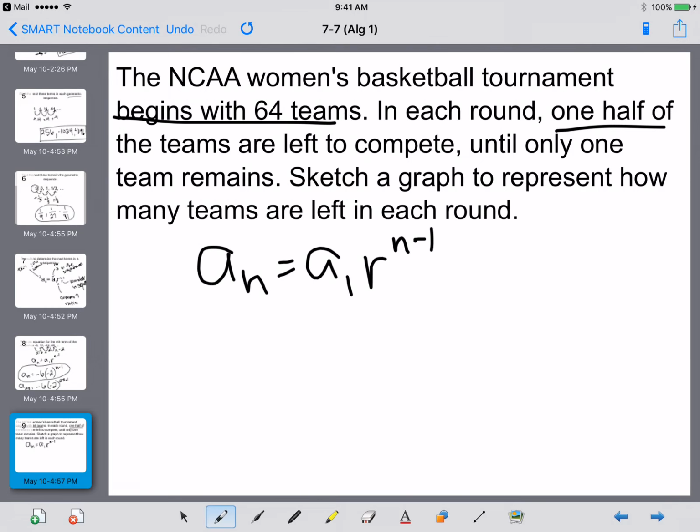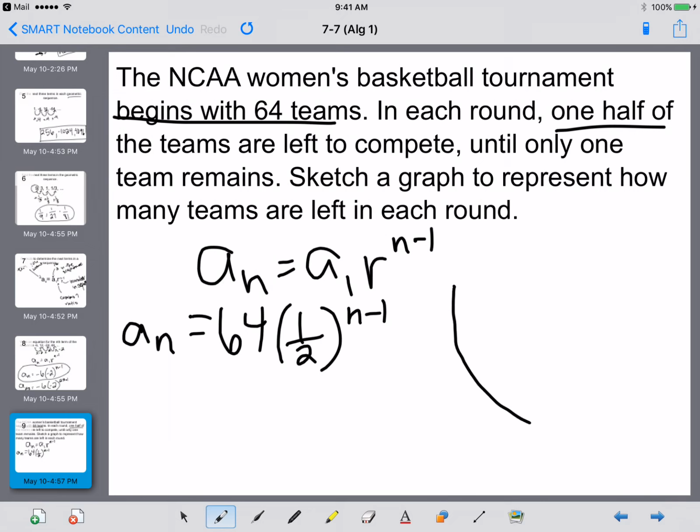So first things first, our a1, we begin with 64 teams. Our ratio, it loses half each time. So 1/2 goes away, and then it's to the n minus 1. Our graph, it starts off big and drops and drops and drops until it goes like that. So here's our graph for you that's sketched. I just drew the shape, that's all I'm looking for. So you are off to work on your homework.